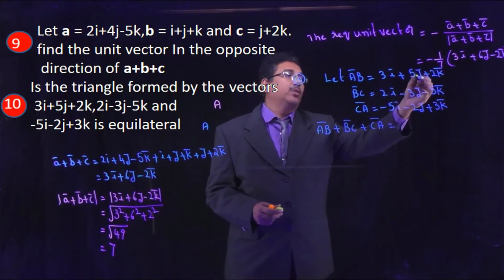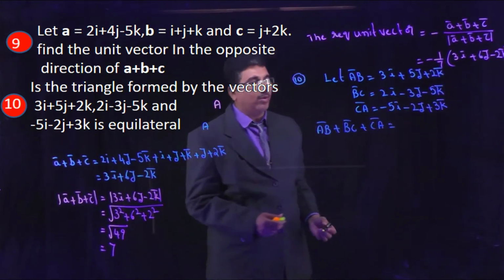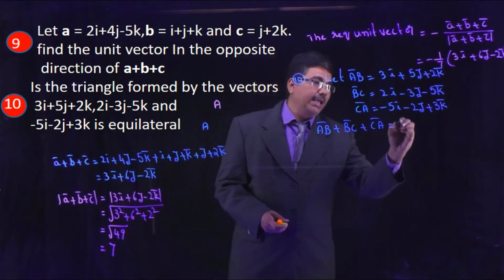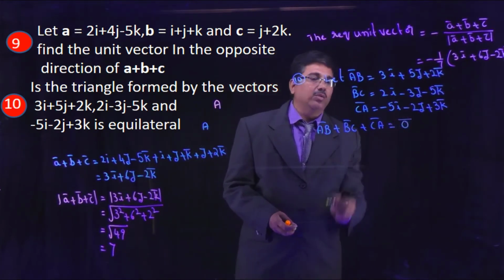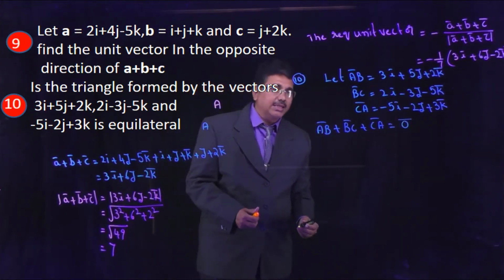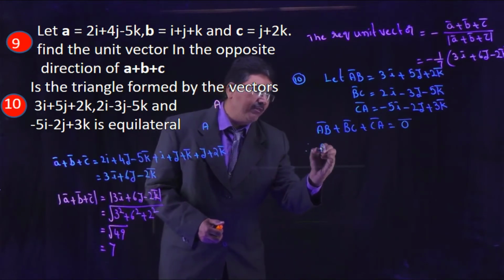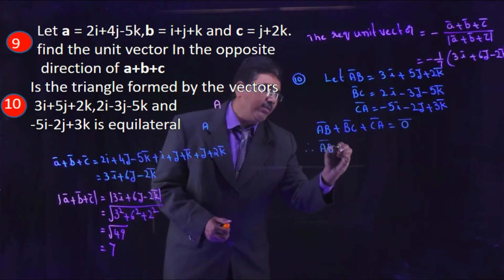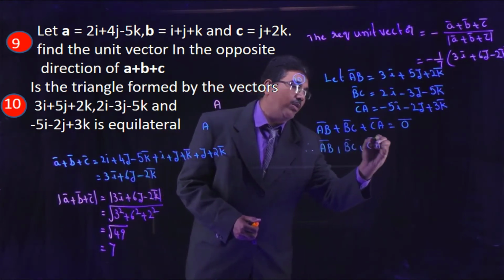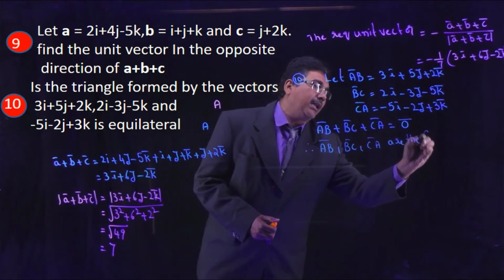Here also 5 minus 5 is 0. So AB bar plus BC bar plus CA bar is equal to 0 bar. Therefore, AB bar, BC bar, CA bar form a triangle. Therefore, AB bar, BC bar, CA bar are the sides of a triangle.